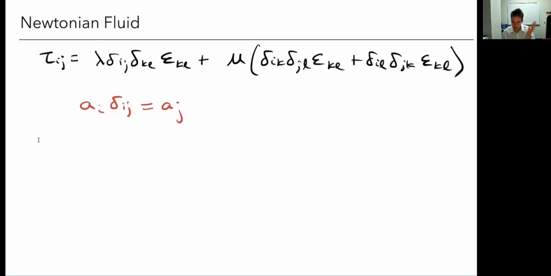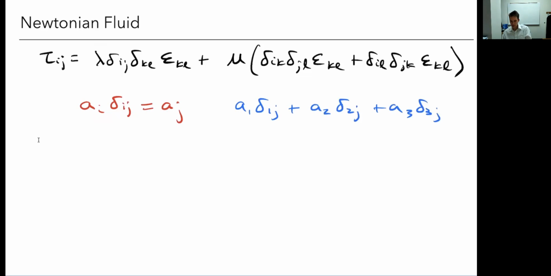And you could see that like this. I could write it out explicitly. Remember that this double i here means a sum. So this is equal to A1 times delta 1j plus A2 times delta 2j plus A3 times delta 3j, right?